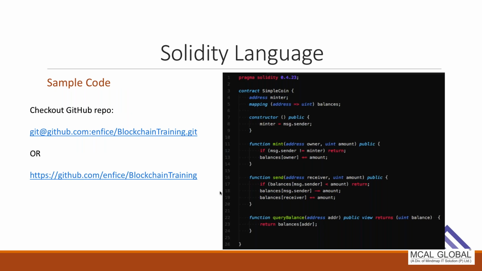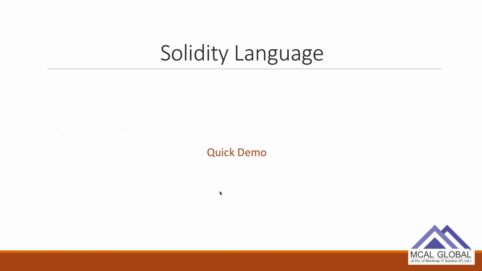I have put all the sample code on the Git repo. You can check out that Git repo, or download from the direct link. The screenshot that I'm showing right now is a simple coin contract. I will not just show you the screenshot, but I'll also get you all into the editor and see how it actually gets coded.